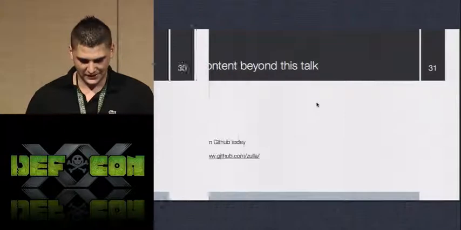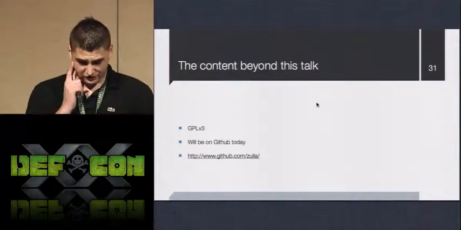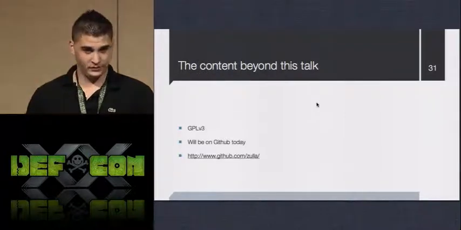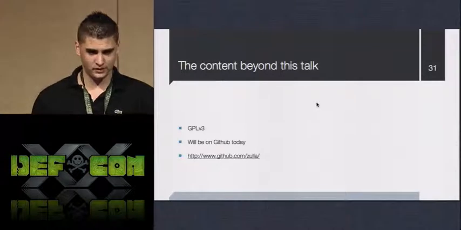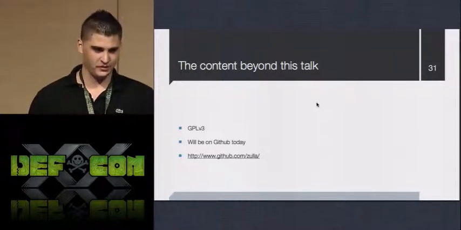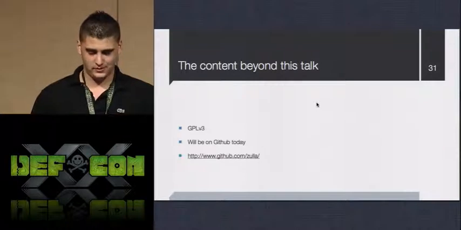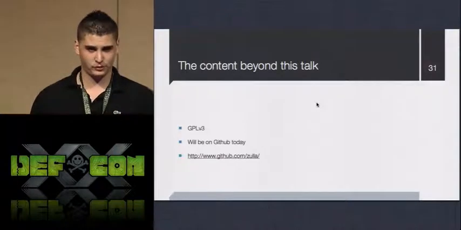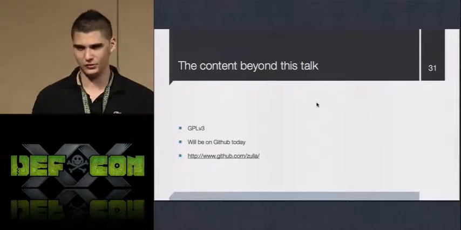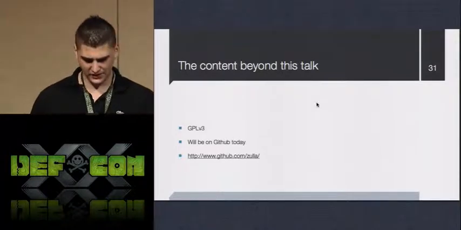So, the content beyond this talk is going to be a framework for web scanning that has a browser engine included. It has 2,000 different plugins for different vulnerabilities and old WordPress exploits and Joomla and Drupal and all that stuff.